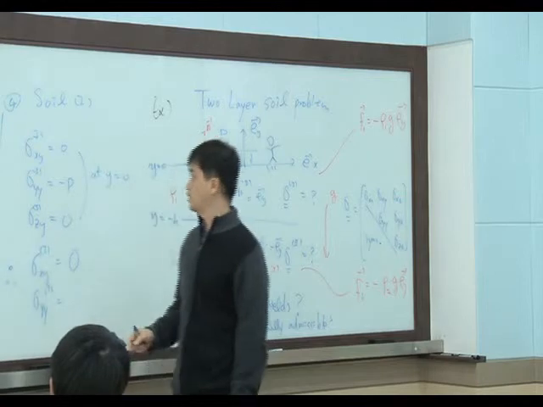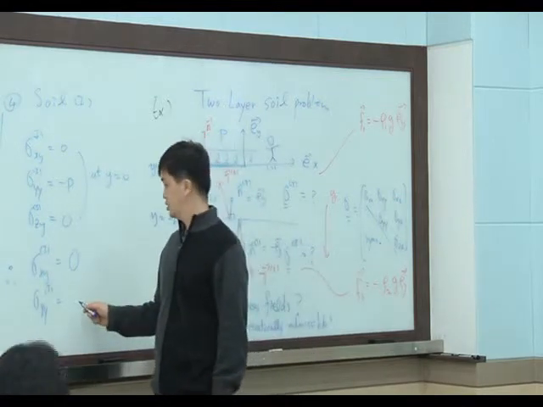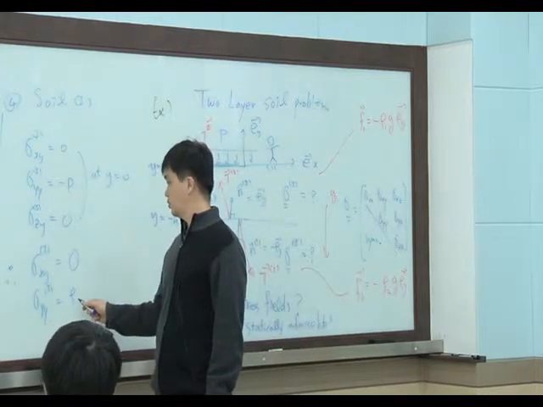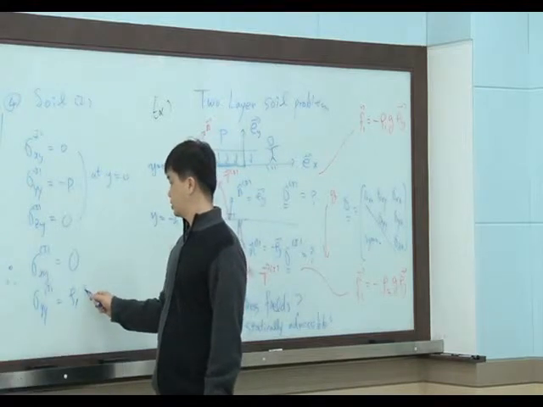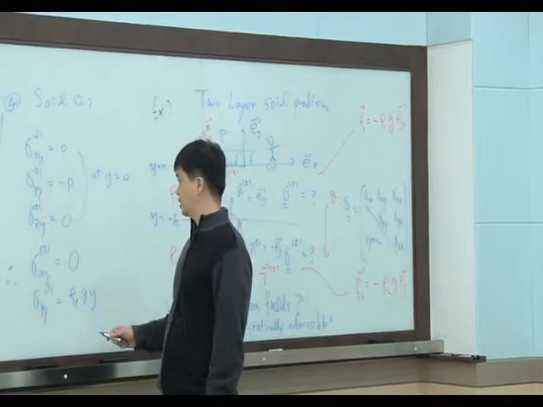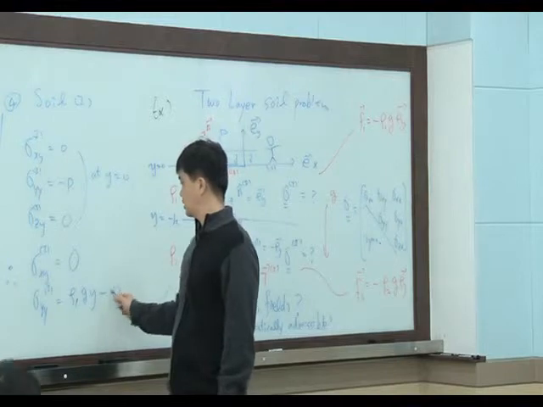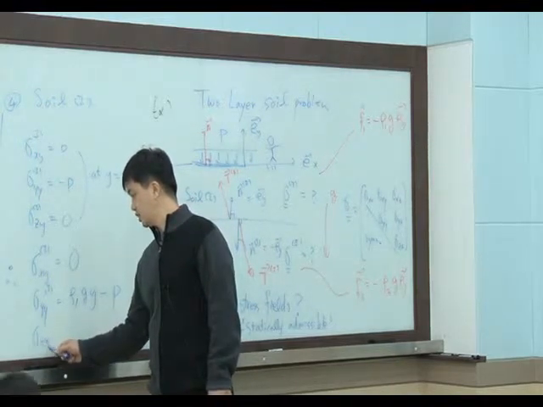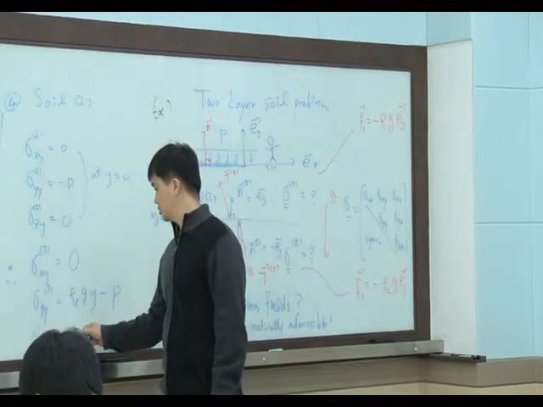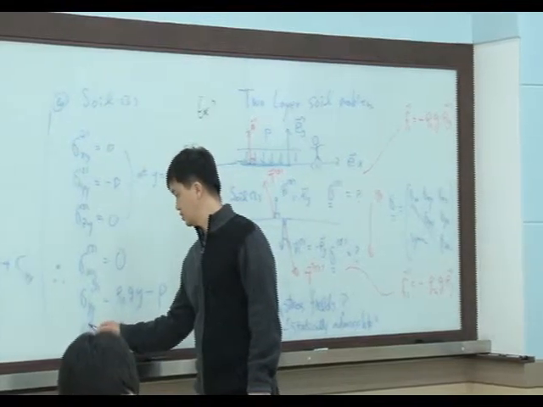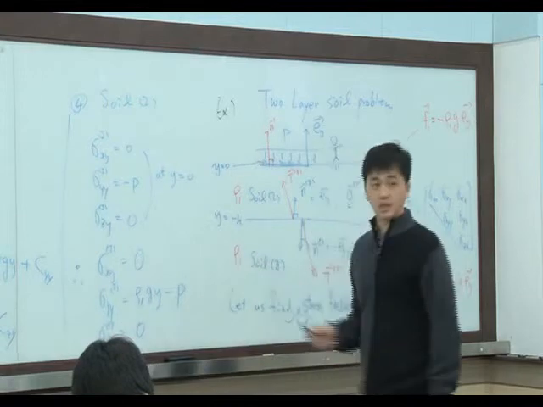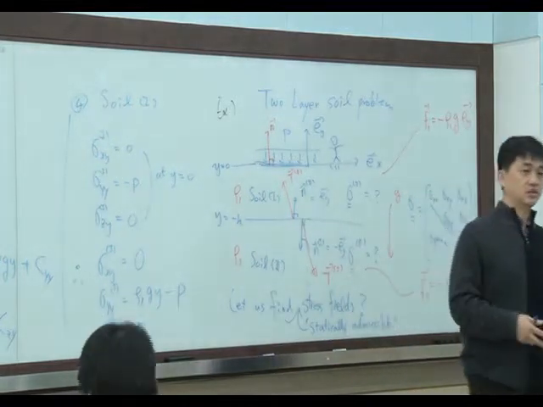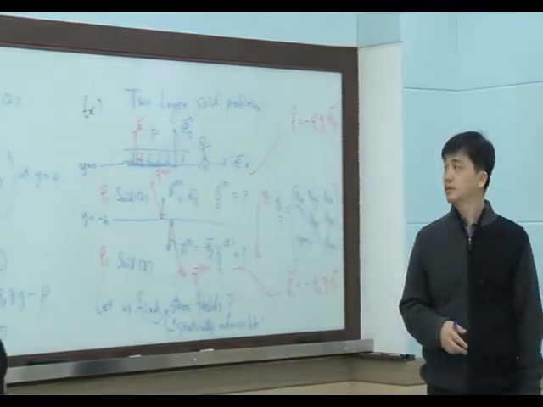Then c_yy should be minus p, so stress yy1 is rho 1 g y minus p. Stress gy1 equals 0. So now we find the 3 stress components for soil layer 1.